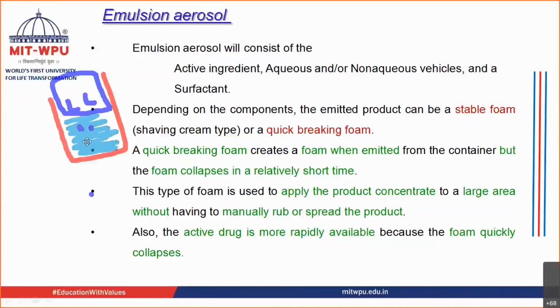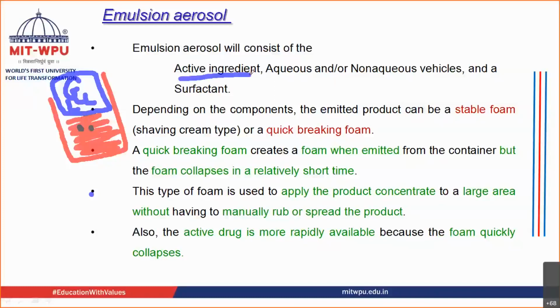It may be a propellant phase or a water phase. Inside this dark blue is nothing but your propellant. So you have water in propellant or propellant in water, a two-phase system, and above that what is present is a gas phase. So this is how it is a three-phase system.